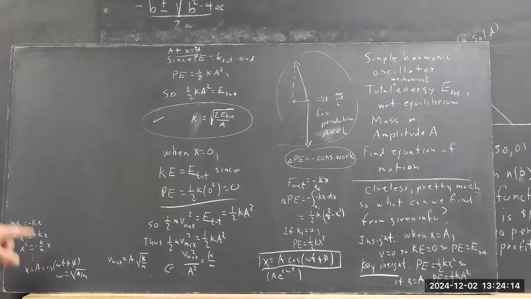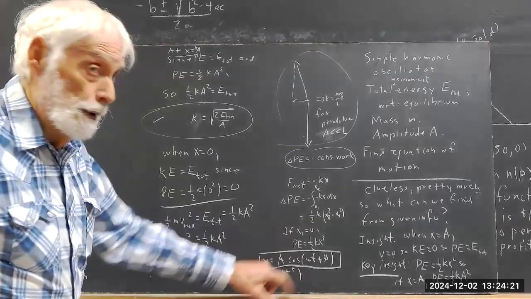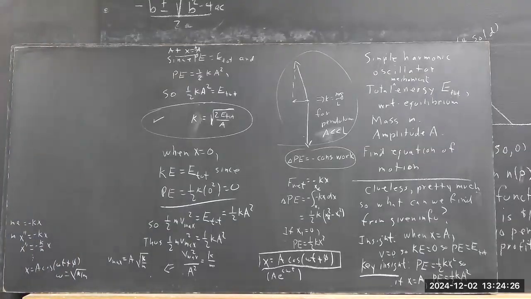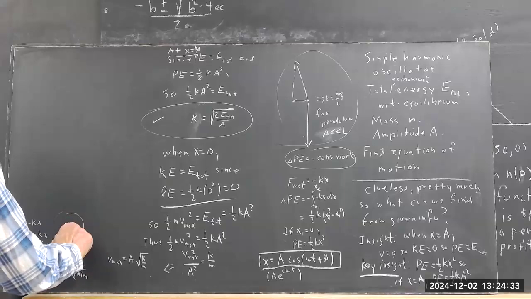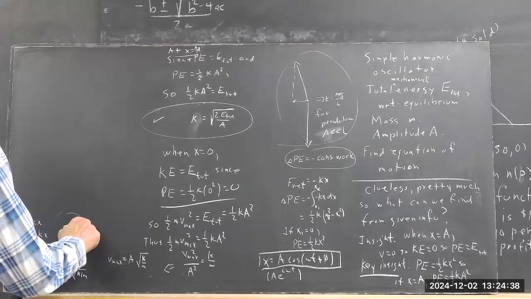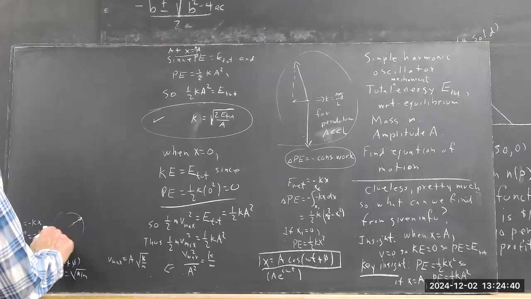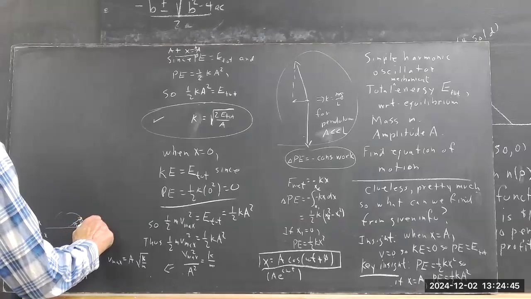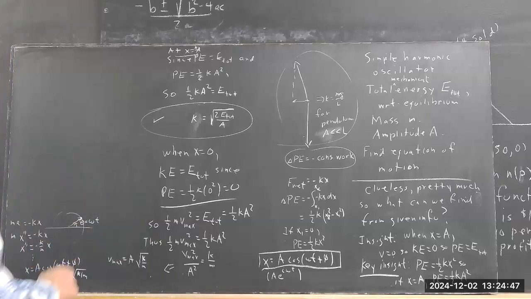It's great if you think about that and understand this connection, because you'll not only know that the square root of k over m is what I mean by omega, but you know why. And then you relate this to the circular motion, angular velocity. That equals omega t.